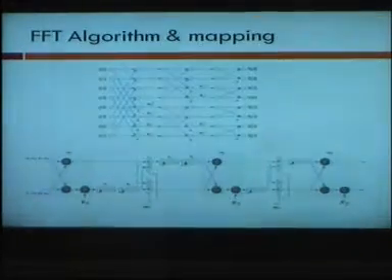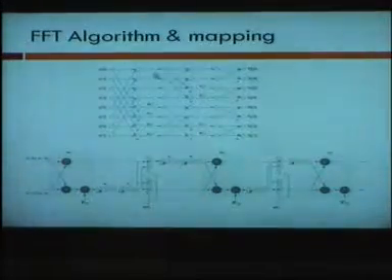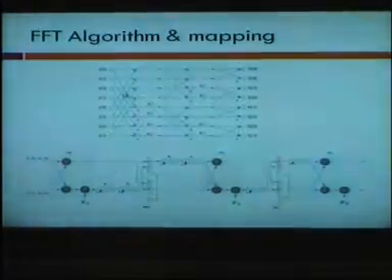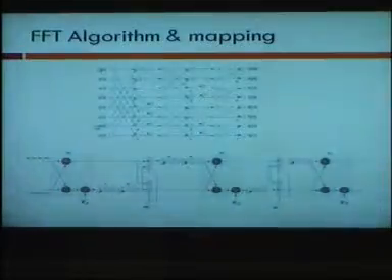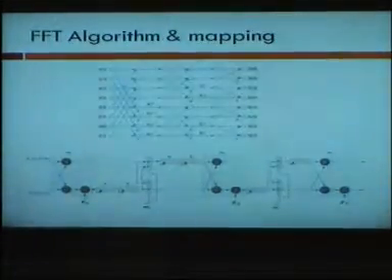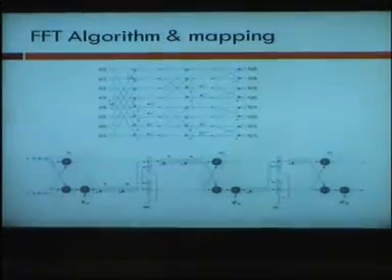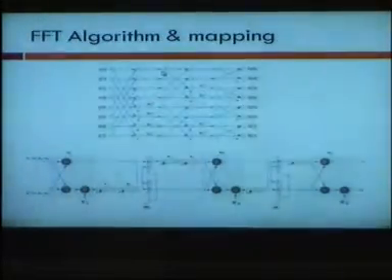And so FFT, as those of you who have taken a basic signal processing course must have seen, has this butterfly structure, where your data is 8-point FFT. These are your input values. So this value gets added into this value. It goes here. So it's a way of expression.